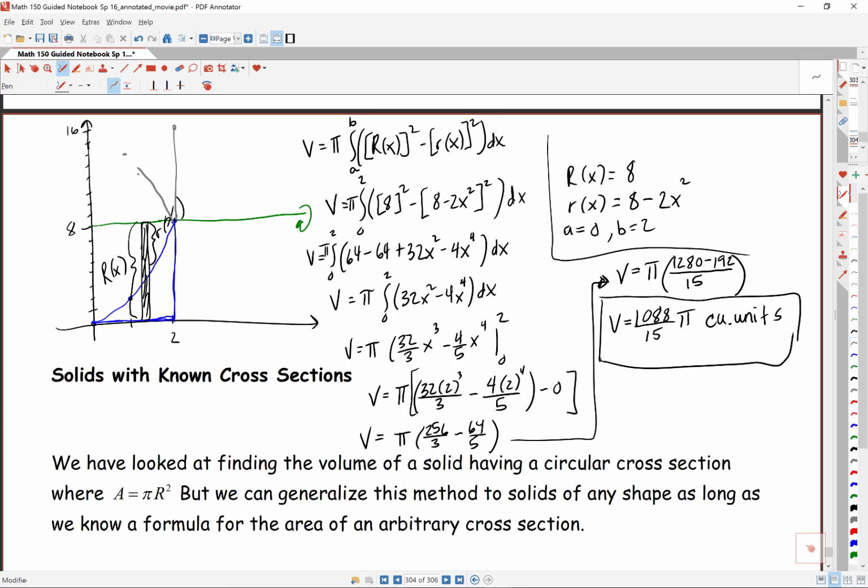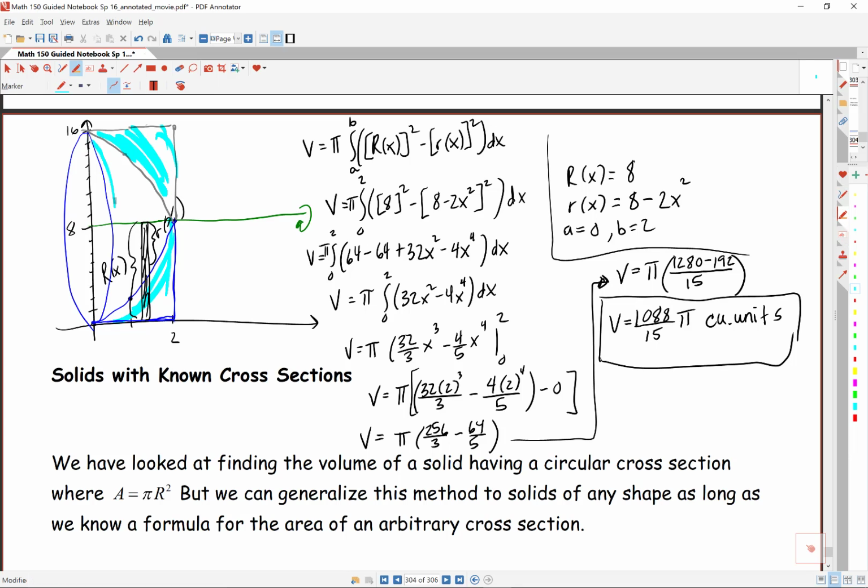And then it would go something like this. Right? So your region would look like this. And then it would have revolved, so it would be circular like this. So the outside of your volume would look something like this. There'd be that hole in the middle.